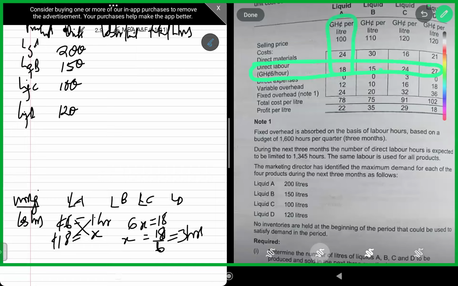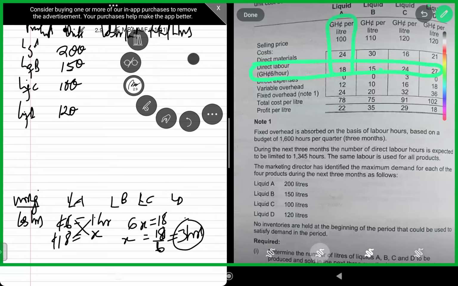So it means that 3 labor hours are required for liquid A. Because I'm working with time, I can just go.